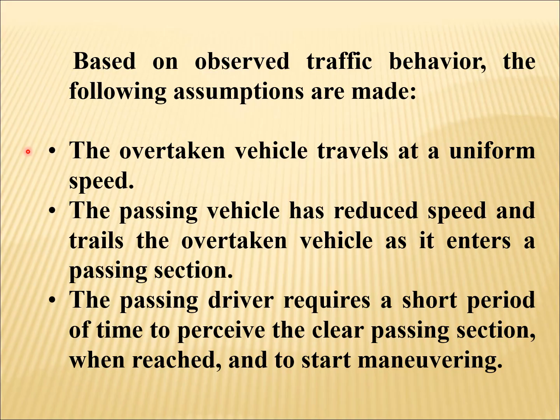So I will repeat, the overtaken vehicle travels at a uniform speed, and the passing vehicle has reduced speed and trails the overtaken vehicle as it enters a passing section. The passing driver requires a short period of time to perceive the clear passing section when reached and to start maneuvering.